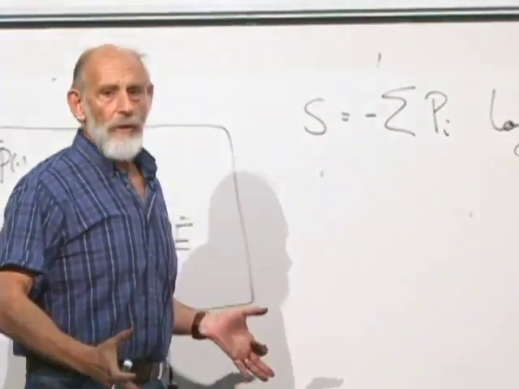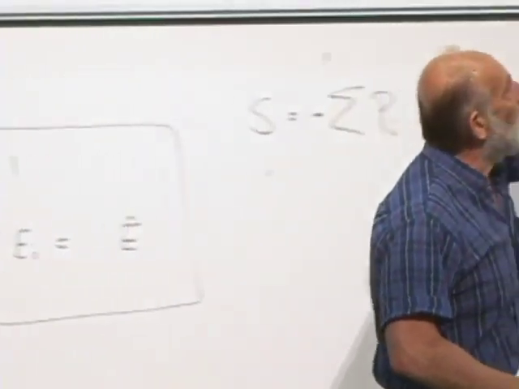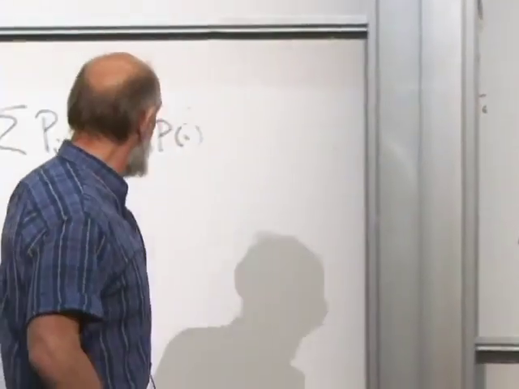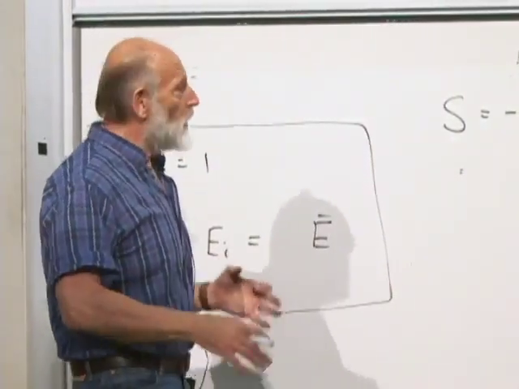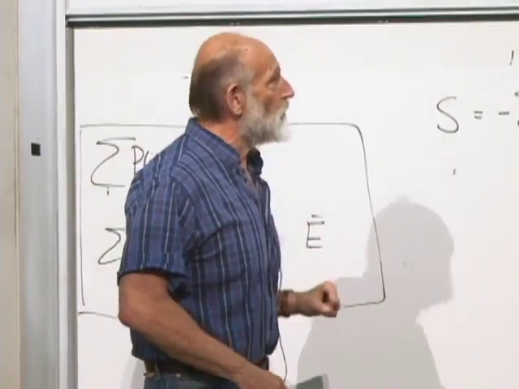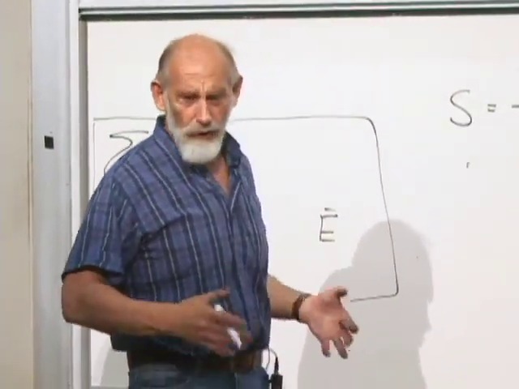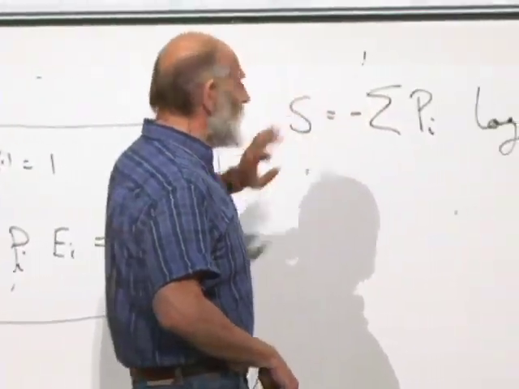But now we know what p sub i is. We know that it's just up there, 1 over Z e to the minus beta E sub i for p sub i. So let's plug that in and grind away and calculate what the entropy is. Maybe we'll get stuck and we won't be able to do it in any useful or interesting way. We can just do the sum, of course, but maybe we'll get somewhere.